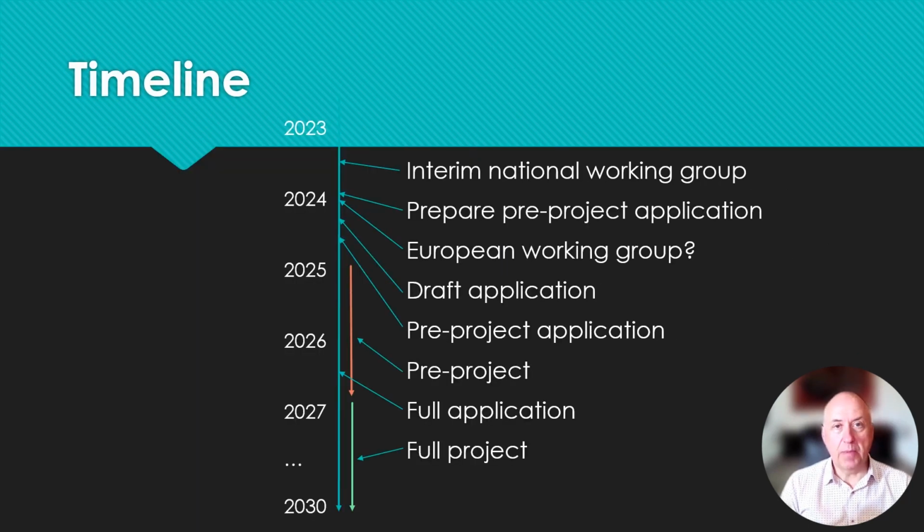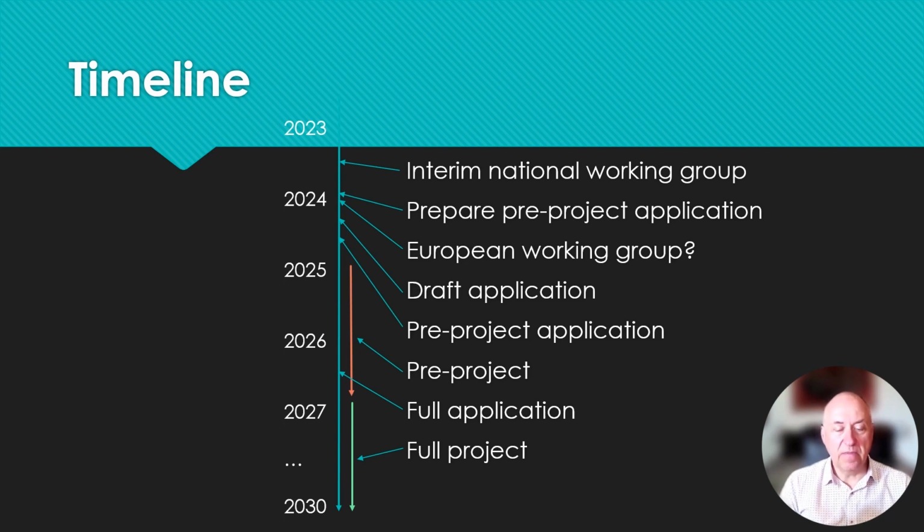The timeline is as follows. We are now establishing the interim national working group for the project. We are preparing a pre-project application, and then we might aim for, during the next spring, to establish a European working group, perhaps, and then to submit a draft application next summer, which will then move into a pre-project application during the autumn in about 1 year's time.